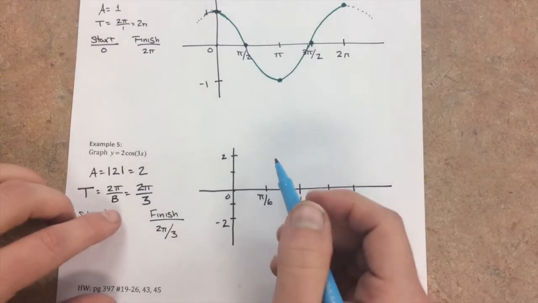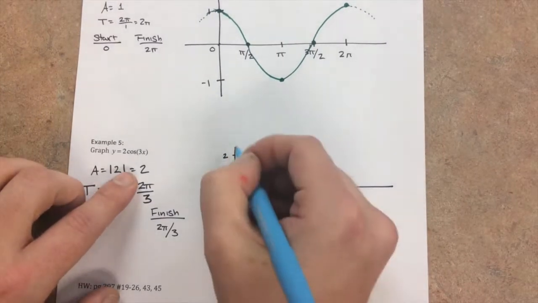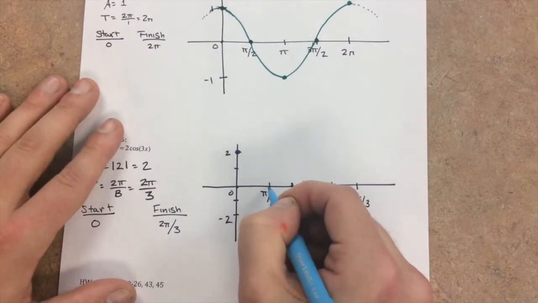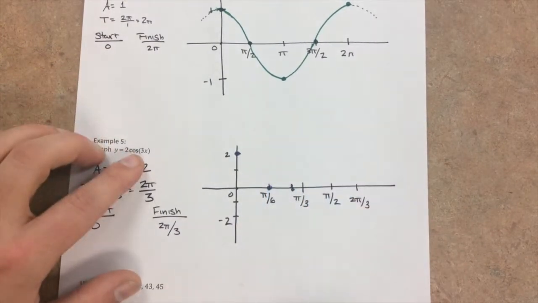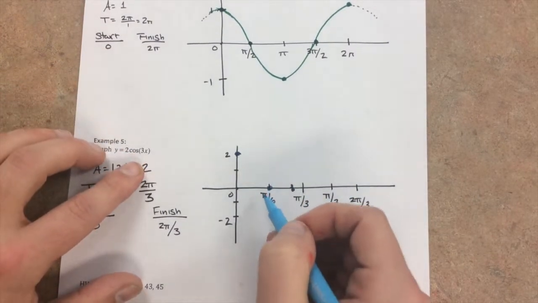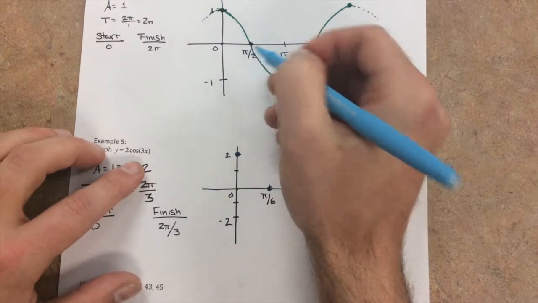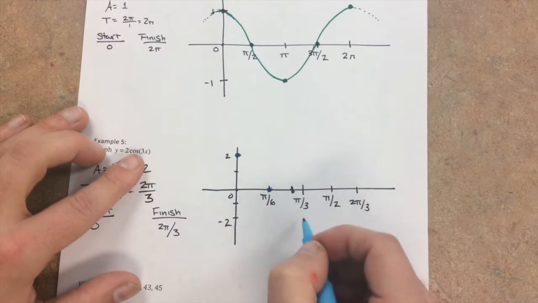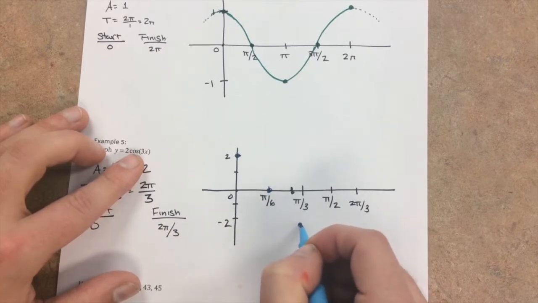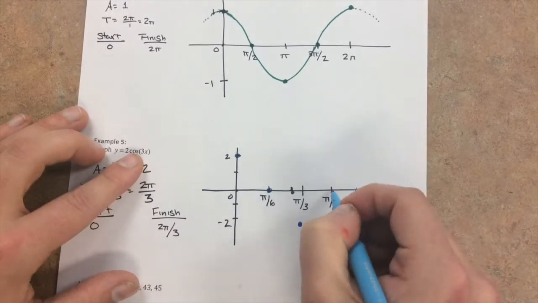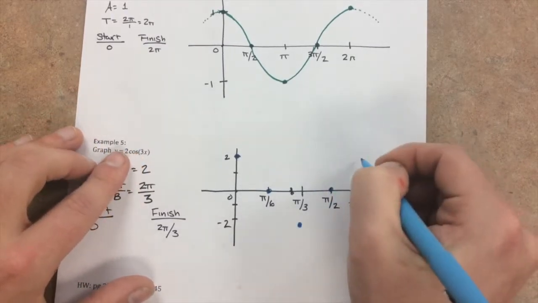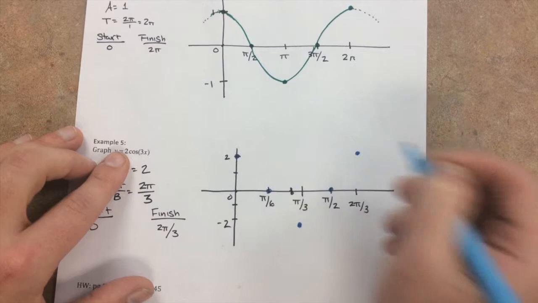Cosine at 0 is 1, times 2 because of our amplitude, so we go up. If we plug in pi over 6, it's the same as plugging in 3 times pi over 6, which is pi over 2, which gives 0. If we plug in pi over 3, we get negative 2 in our case. If we plug in pi over 2, we get 0. And if we plug in 2 pi over 3 here, we get back to 2.